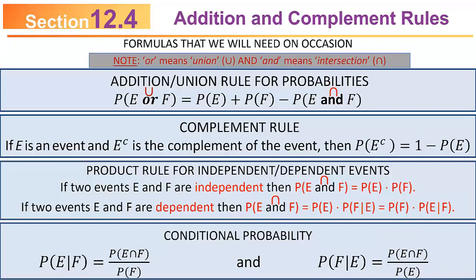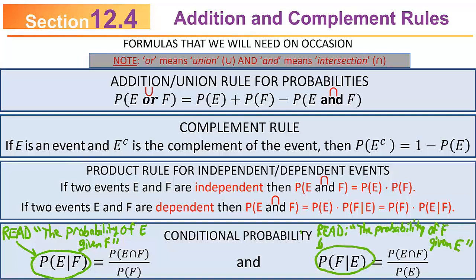One says the probability of E given F is equal to the probability of E and F divided by the probability of F. Remember, when I say E and F, and means intersection. Also, the probability of F given E is the probability of E and F divided by the probability of E. Before I leave this, I will say that the notation with the vertical line is read the probability of E given F. The vertical line is read as given, or given that.